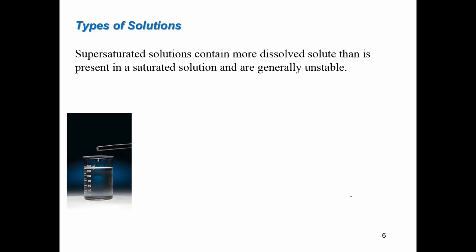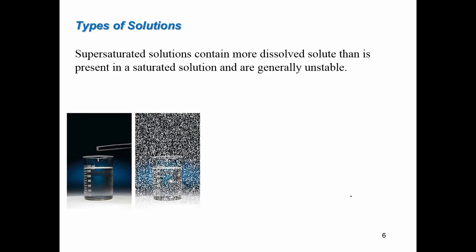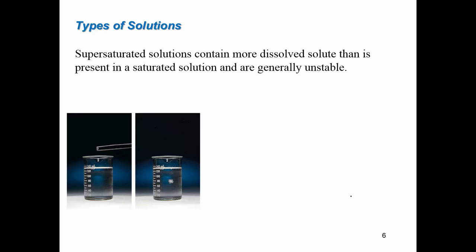Then we have what's called a supersaturated solution. This contains more dissolved solute than is present in a saturated solution, and it's usually an unstable solution. There is a lab, or a demonstration, called making hot ice or something like that. It's actually forming sodium acetate.